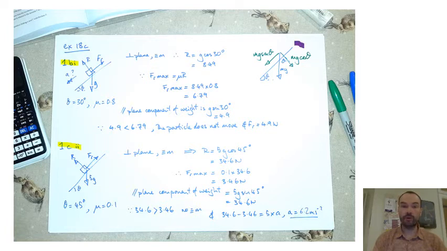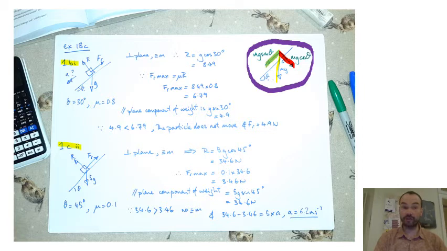In this top corner, I've put the little diagram to explain how I'm getting the components of the weight. So I've got weight here, and I've got the components perpendicular to the plane, which will balance the normal reaction if they're the only three forces, and the component parallel to the plane, which will oppose friction in a lot of cases.